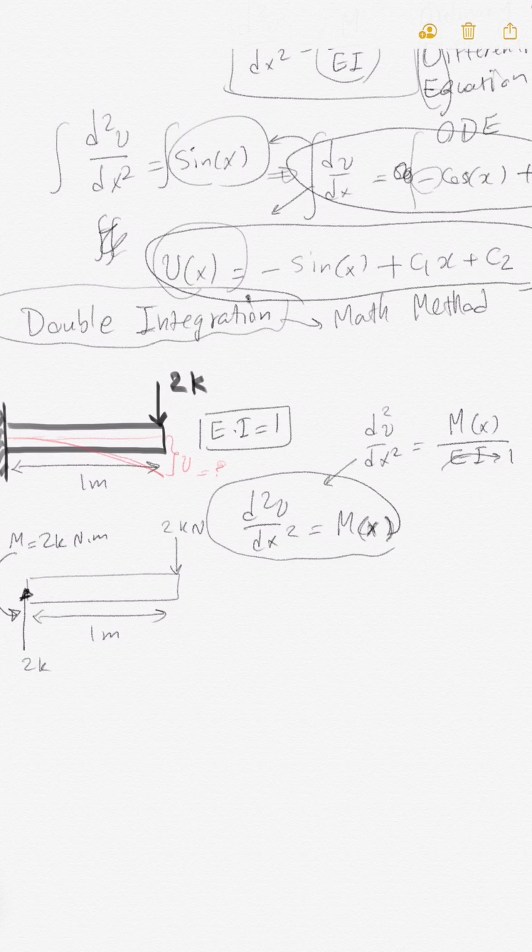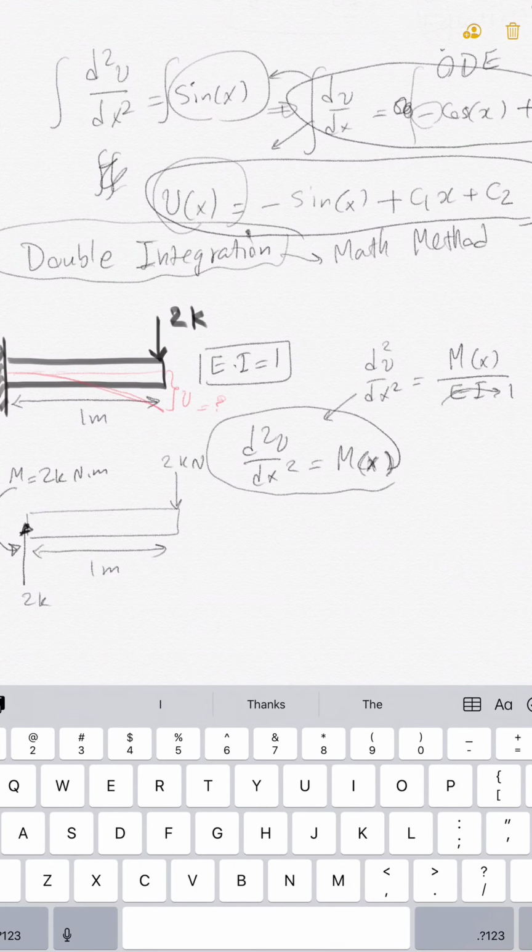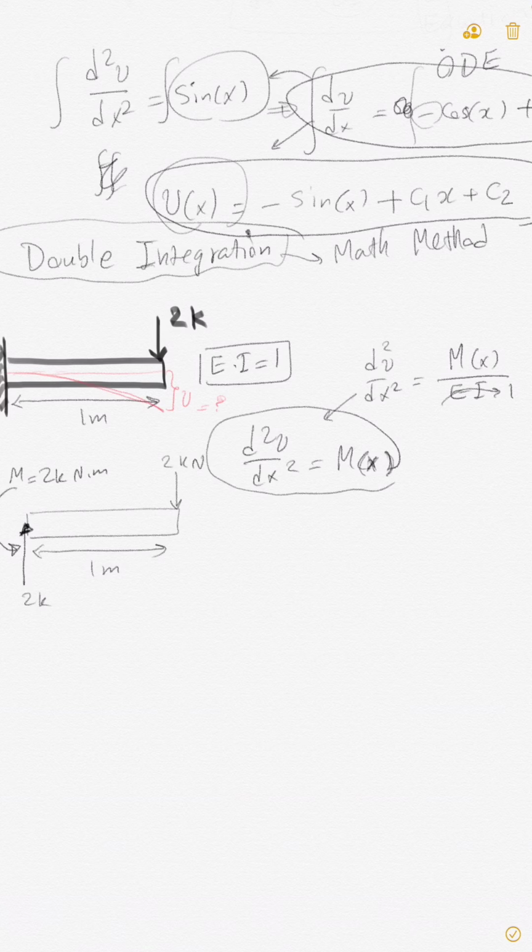So now I really wish I didn't have this keyword. This keyword is very interrupting here. All I do is cut it at a distance x from the left and make my FBD. So this cutting, you already have a 2K Newton meter here.